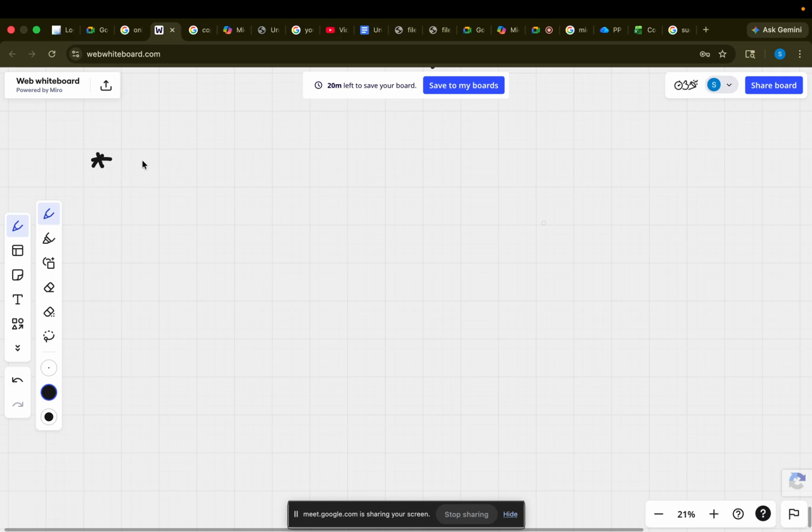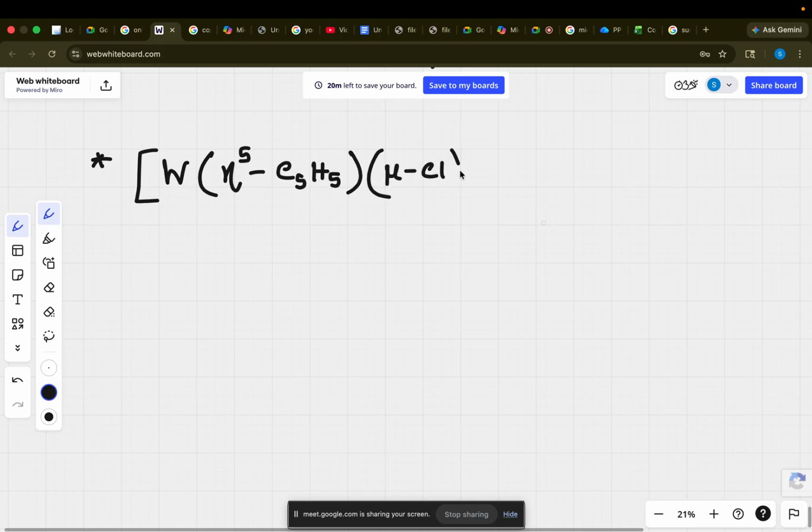Now suppose you have this. Here you have tungsten, here you have eta 5 C5H5, next you have mu Cl, CO whole 2, and this thing is overall whole 2.